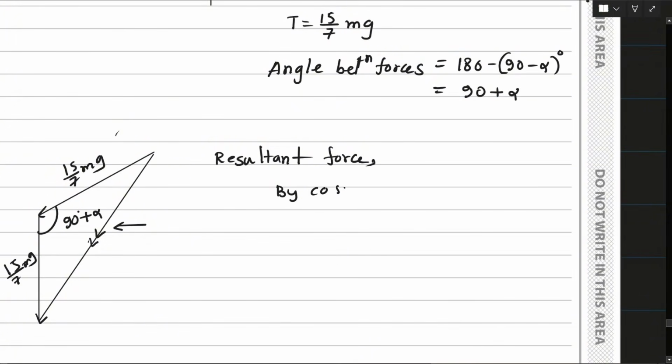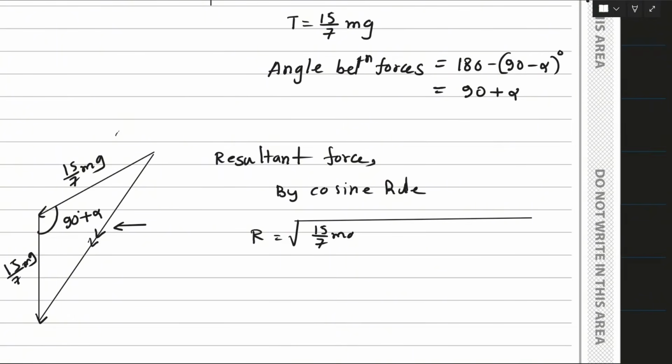So we are using cosine rule. By cosine rule, we know that the resultant force, this side, will be equal to root over the square of the known sides.